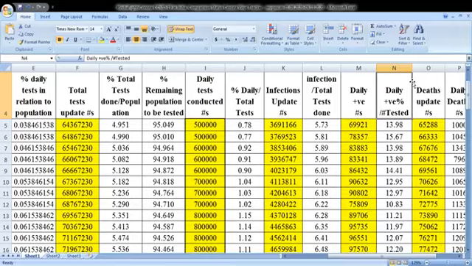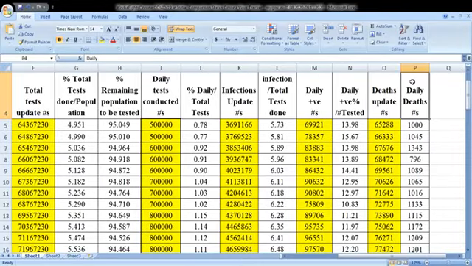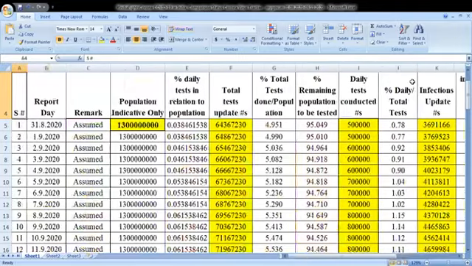It is daily positive divided by total tests numbers. Death updates, daily deaths numbers.